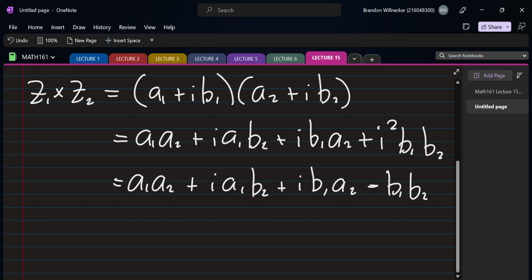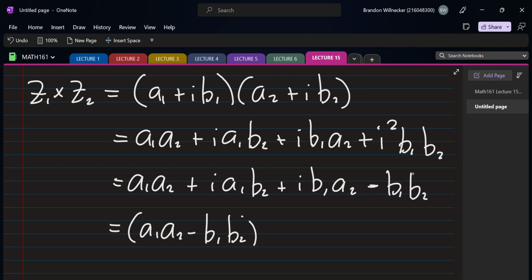Okay, and like we did with the addition and subtraction, we can group together the real parts and we can group together the imaginary parts. So grouping together these real parts gives us a1 a2 minus b1 b2 plus i, and then the imaginary parts we can put together a1 b2 plus b1 a2.